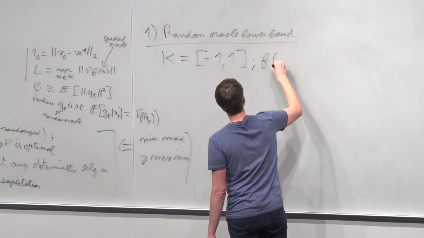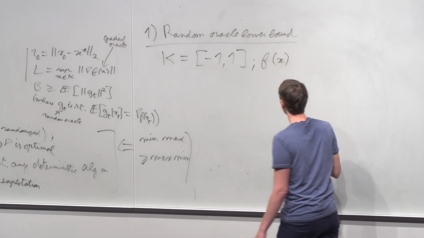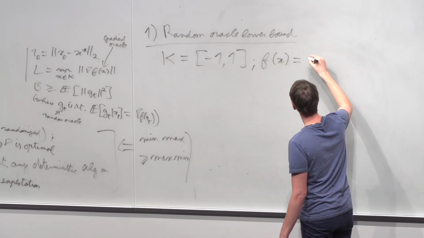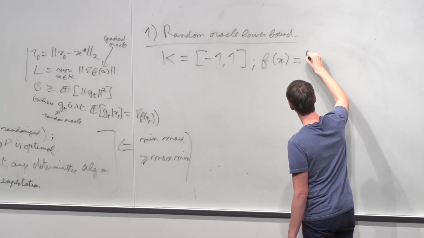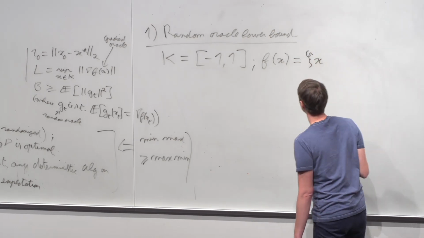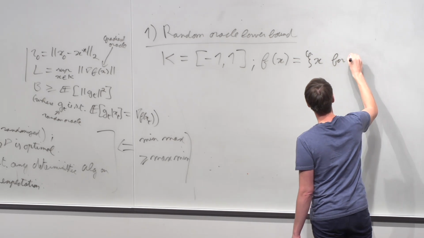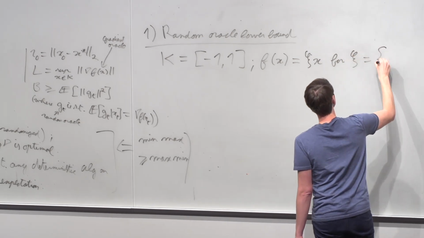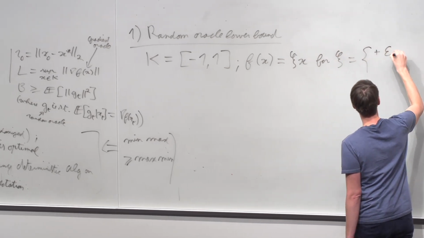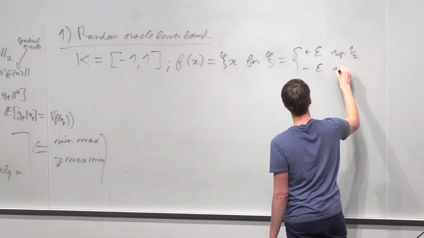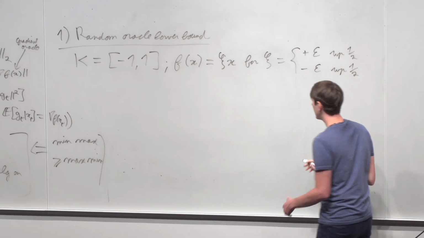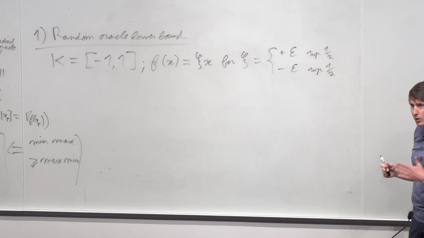My function f of x is going to be a random function. It's going to be psi x, for psi equal to either plus epsilon with probability half or minus epsilon with probability half. So my random function, I just draw it once and for all.